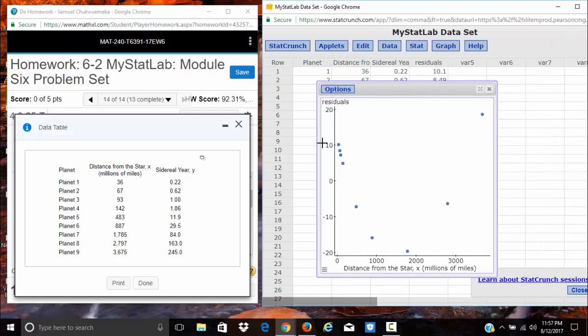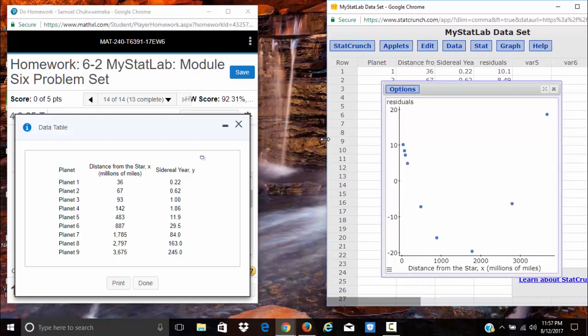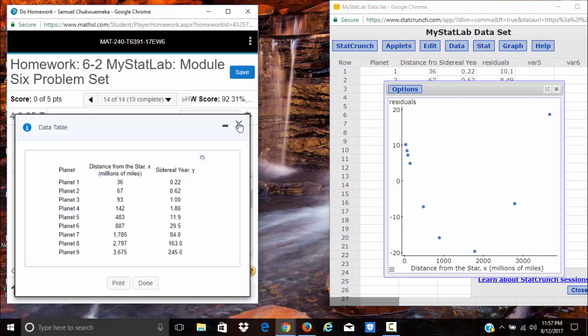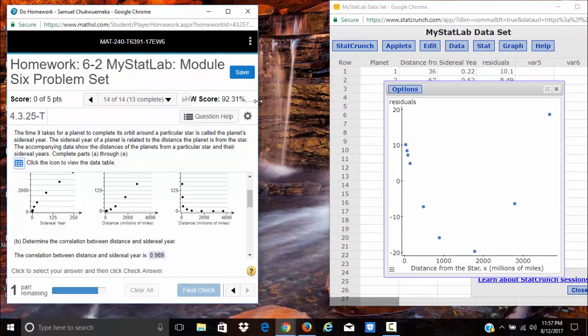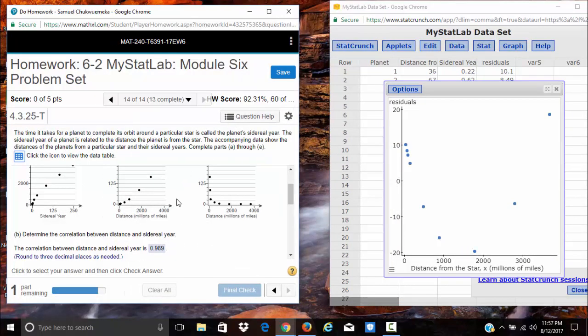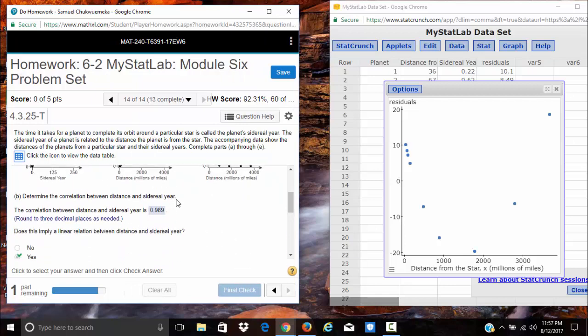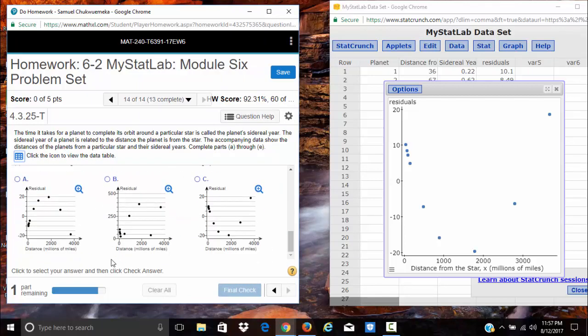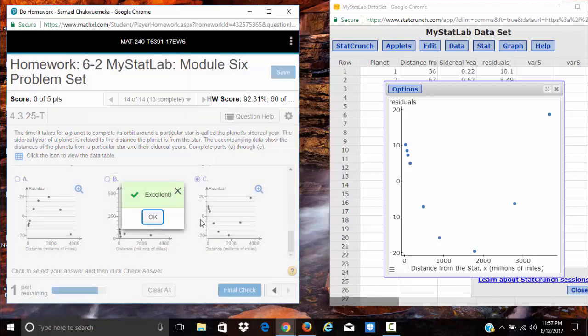So look at the residual plots right here, and you can compare the residual plots. So which one looks like that? A is eliminated, B is eliminated, looks like C, option C. There you go. Okay.